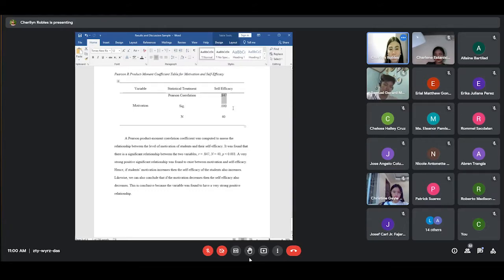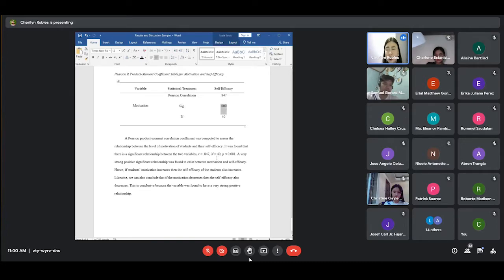And then 0.00, which you can get through having regression in your Excel and looking at the significance F there, you will find out that the significance is 0.00, which is less than 0.05.